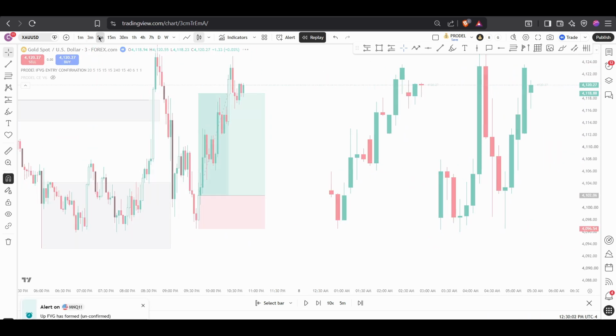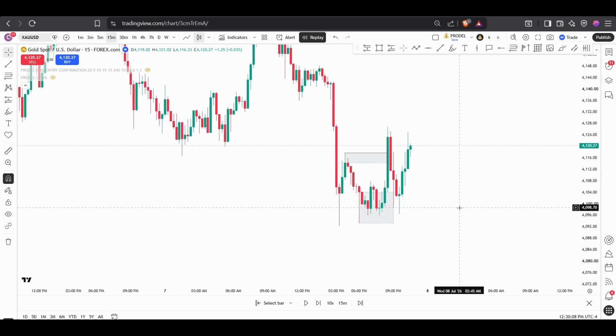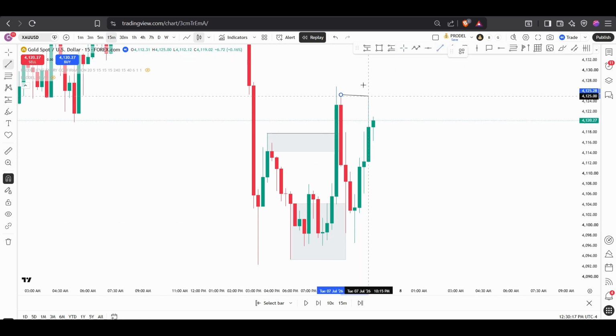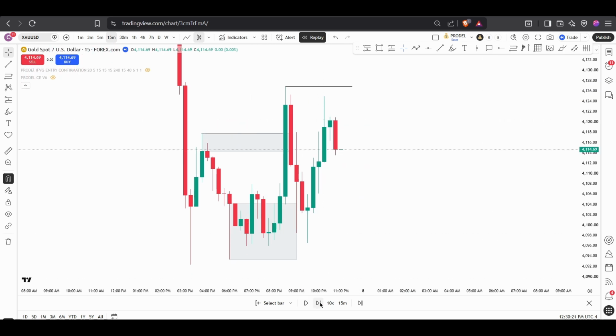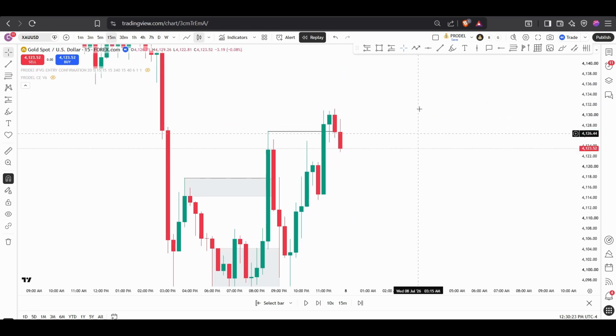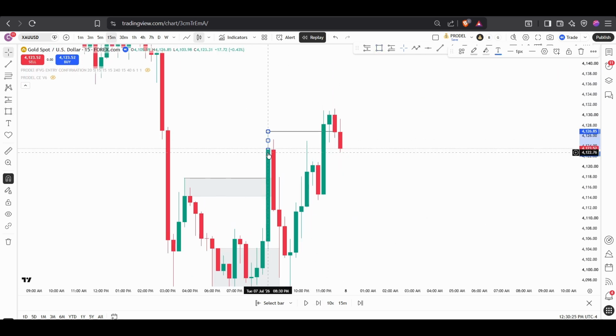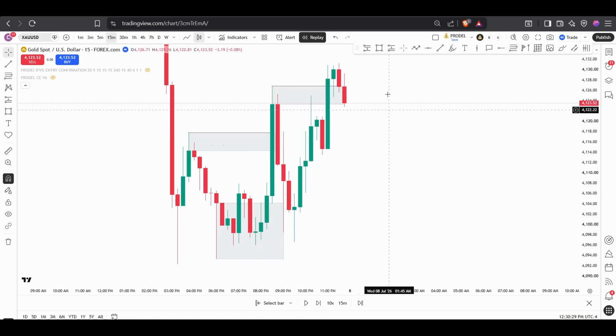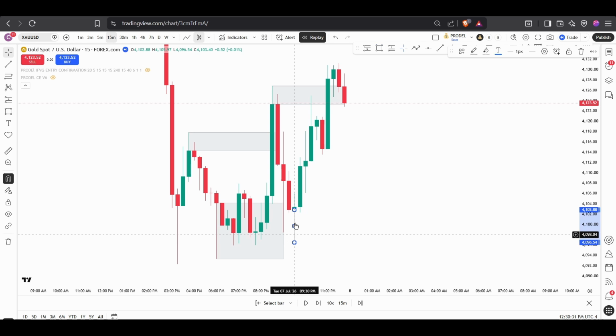Let's see another trade on the 15-minute time frame. You can see there is a valid retest to the downside, and we got the swing high here. Let's wait, and you can see there is the resistance becomes support level, and this level becomes the apex level for now.